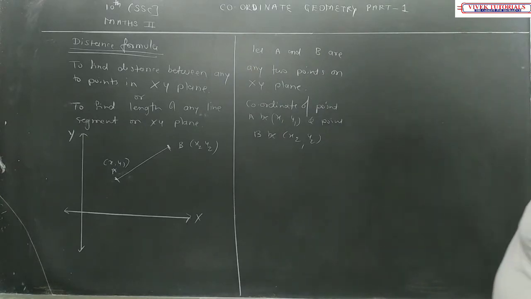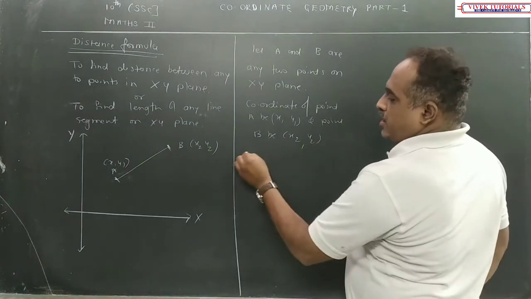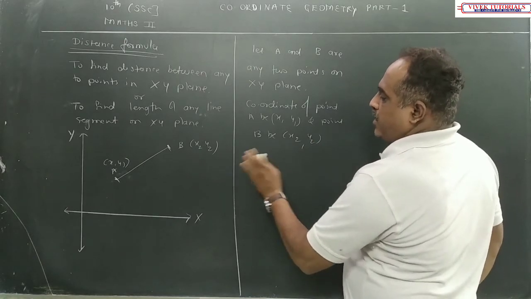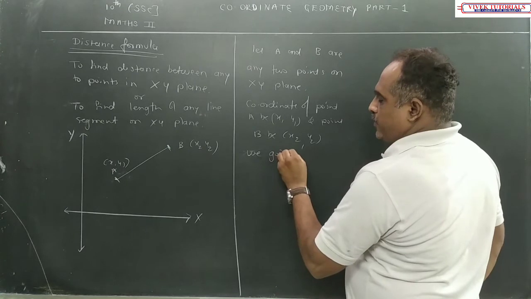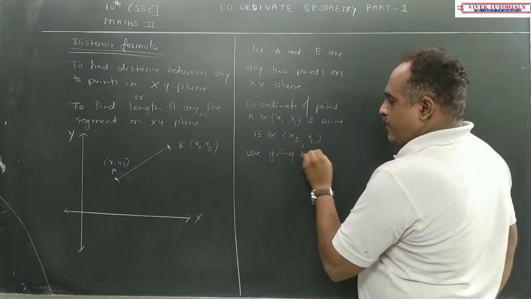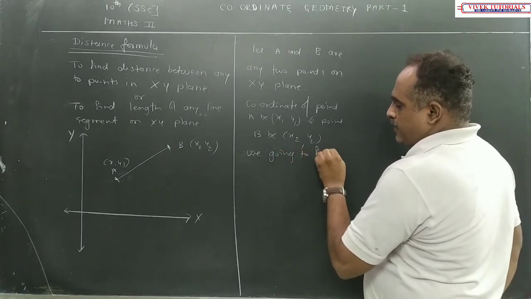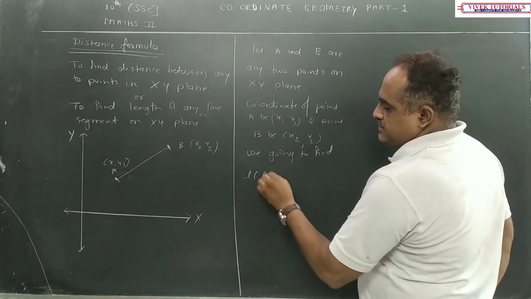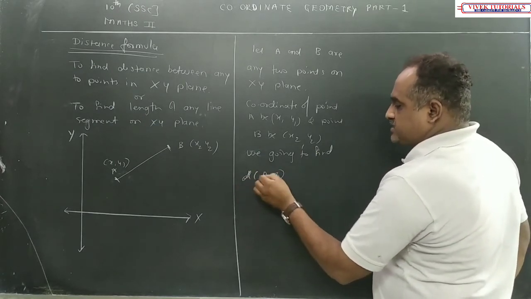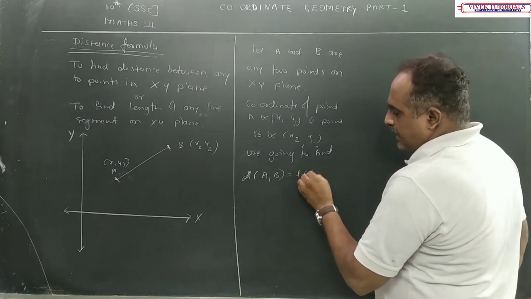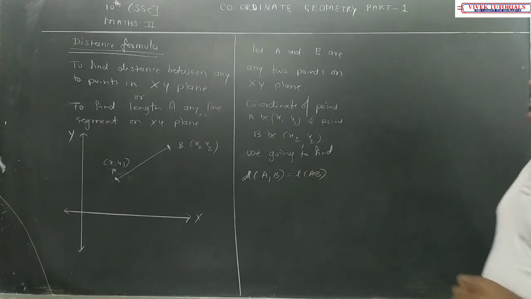Okay, got it? So we are going to find the distance AB, length, or distance A comma B, or length AB.